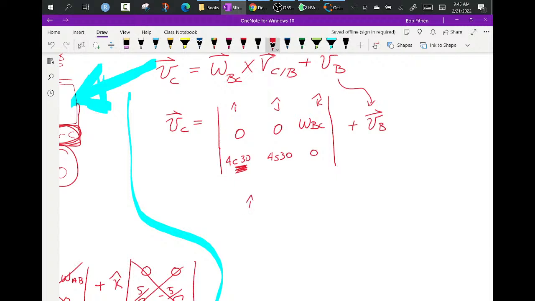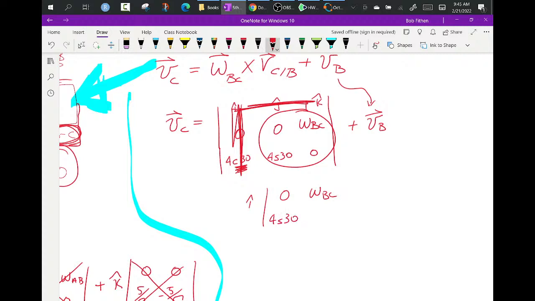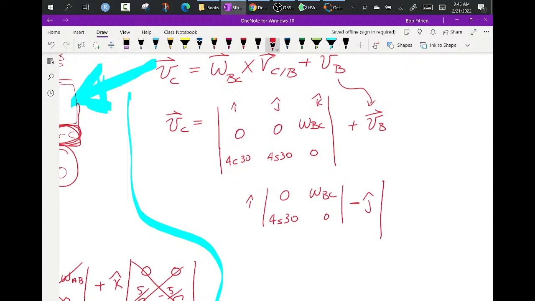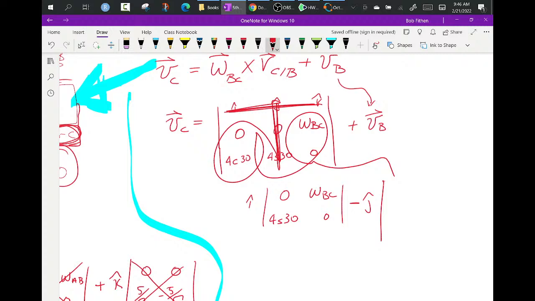And then I'll do my I again, Xing that out and this out and taking this: 0, omega BC, 4 sine of 30 and nothing, minus J. And the J, I X this one out and this one out, and I take this and move it over: 0, omega BC, 4 cosine 30 and 0.